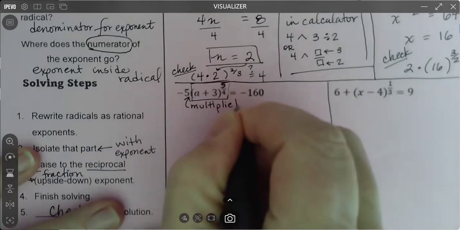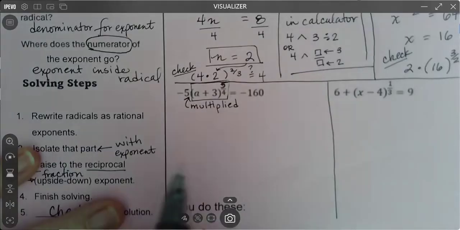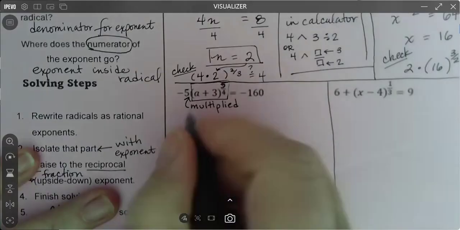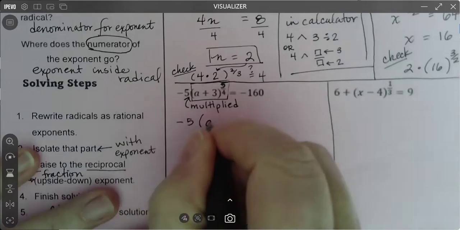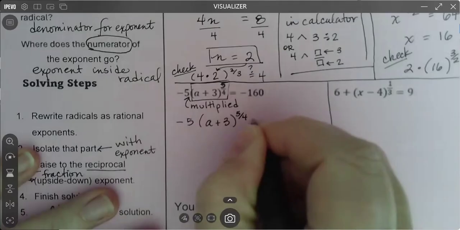So to isolate my expression with the exponent, first step I'll do is divide each side by -5. I'm going to write this again here. -5 times a plus 3 to the 5 over 4 equals -160.